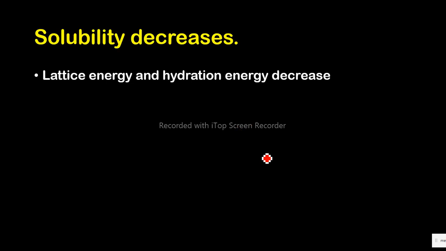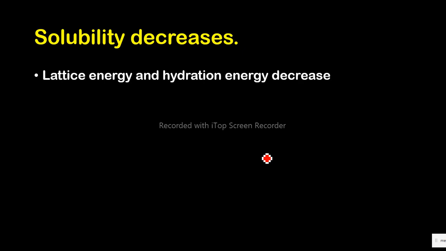If you understood those concepts right from physical chemistry, then you can easily explain. Because for you to dissolve, the enthalpy of solution must be negative. And the enthalpy of solution is dependent on the hydration energy and the lattice energy.